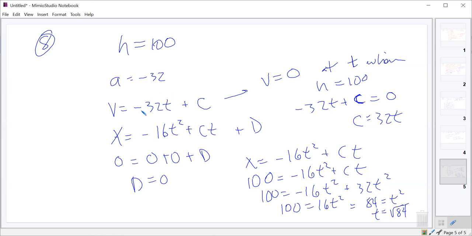That's not going to come out right, is it? Oh, I didn't divide by 16, I subtracted. Okay. Yeah, what does that give us then? 100 over 16 is 25 over 4. T equals 5/2. That's better. Then we'll plug that in. Velocity equals negative 32 times 5/2 plus that constant, which was 32 times t, which was 5/2. Oh, lovely. That came out to be 0, huh?